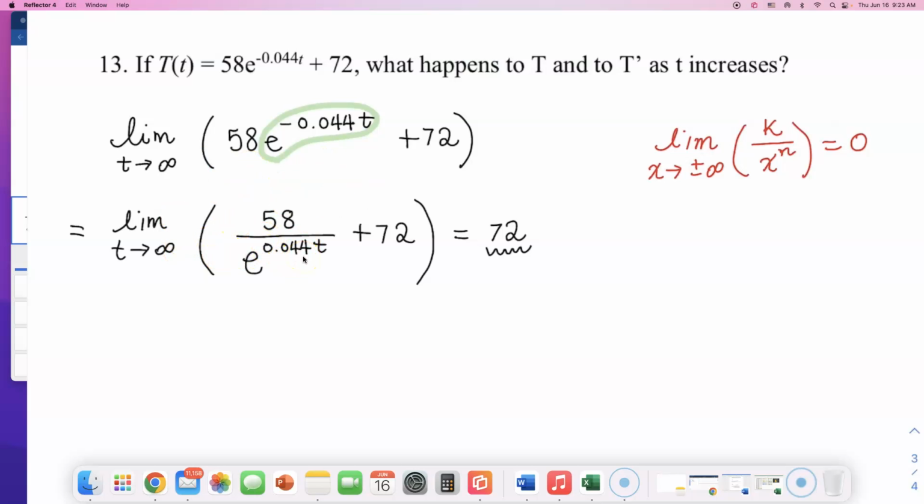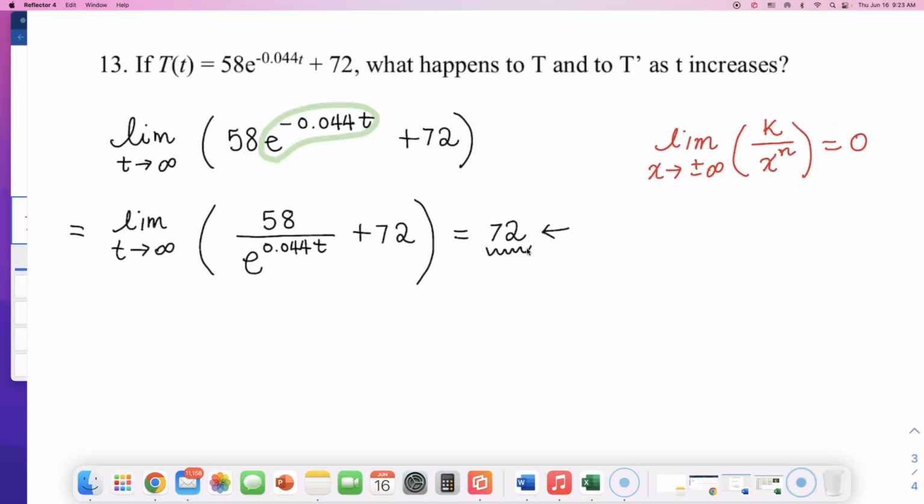You can write that part up in a more organized way; you can actually evaluate the limit. If you can do this for me on the exam, I'd say okay, the student knows what it means as t increases, because he's taking t to infinity, and that it comes out to be 72.